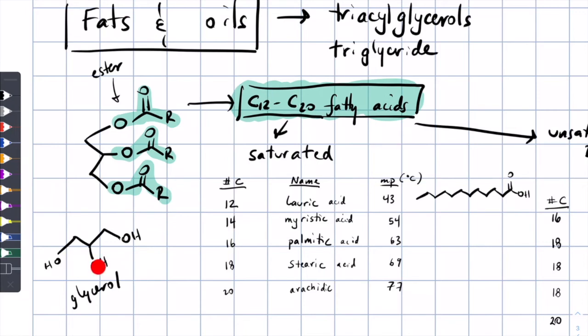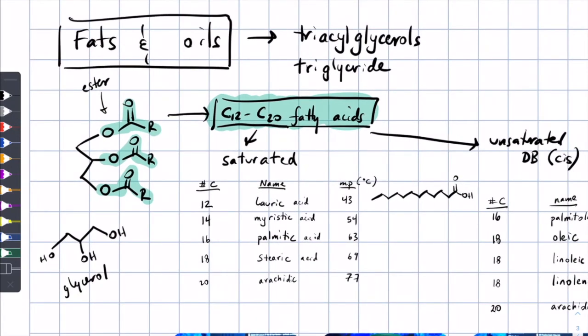And each of those hydroxyls is tied up in an ester linkage. We've learned about esters in chapter 3, though you won't get a lot more exposure to them until 352. Each of these is attached to a long chain hydrocarbon fatty acid, a carboxylic acid with a long hydrocarbon tail. Generally, these tend to be in the range of 12 to 20 carbons long.